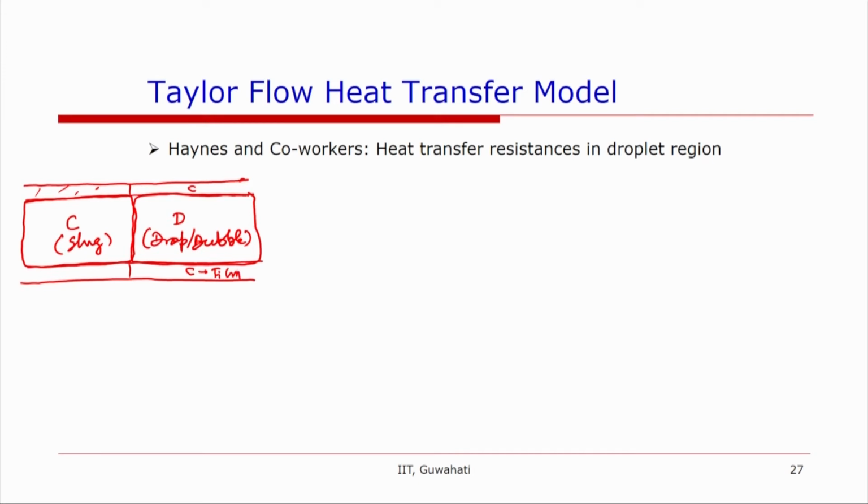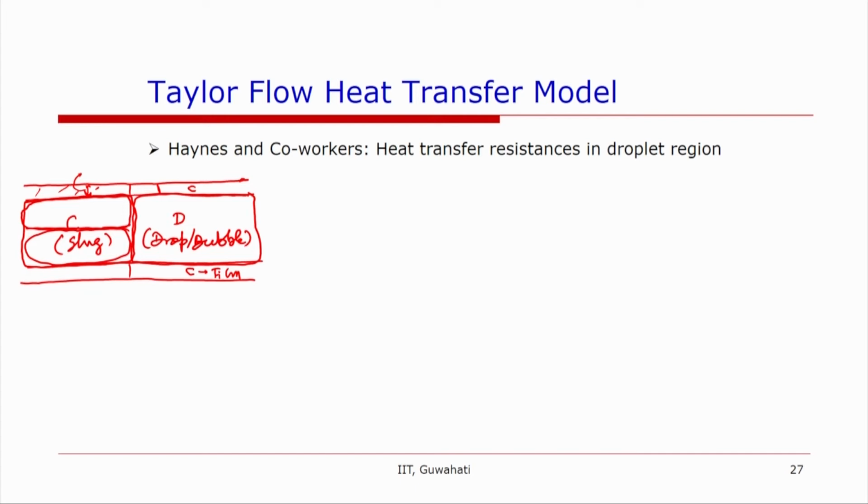However, for the slug, one needs to think a bit, because the liquid recirculates only in the middle region, and beyond this recirculating region there is a small film, and the thickness of this film may or may not be the same as the film surrounding the droplet or bubble, but for our analysis we will assume the two films to be equal to simplify things.